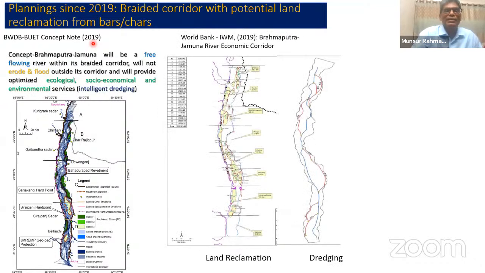And the same year, the Jamuna River Economic Corridor, having a similar concept like keeping the braided corridor, but more focus on the navigational channel like a river economic corridor, and dredging was one of the focuses, and the dredge material can be used for the reclamation of some of the sandbars for gaining land.